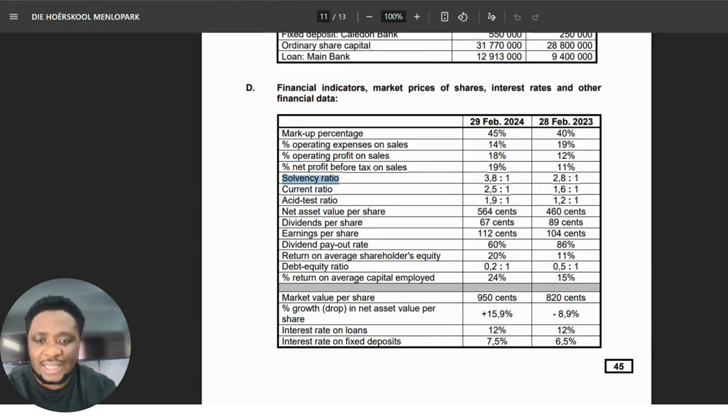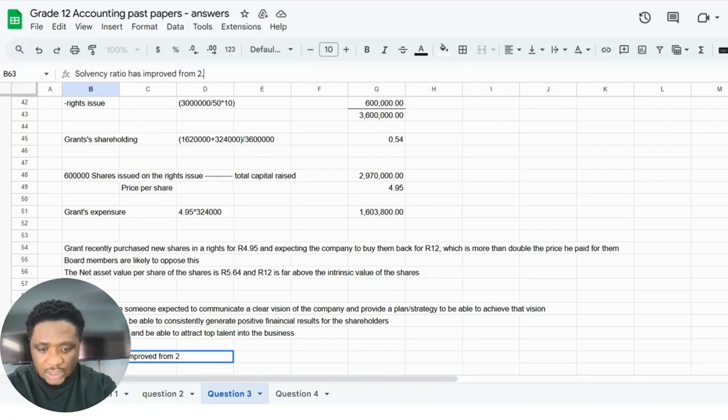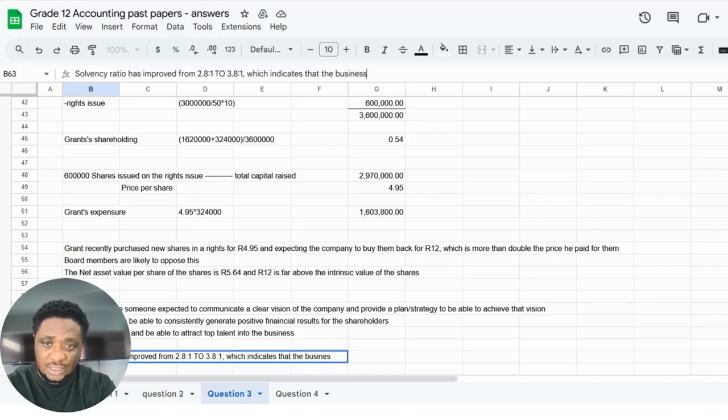You're going to say that the solvency ratio has improved from 2.8 to 1 to 3.8 to 1, which indicates that the business can comfortably pay its liabilities.